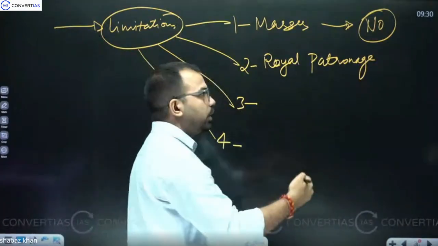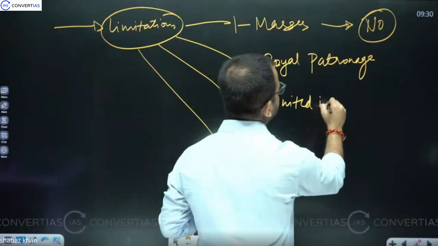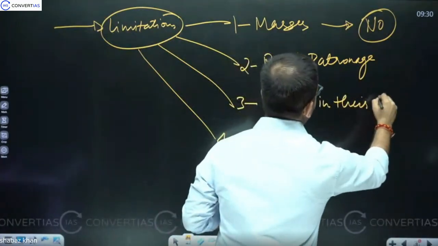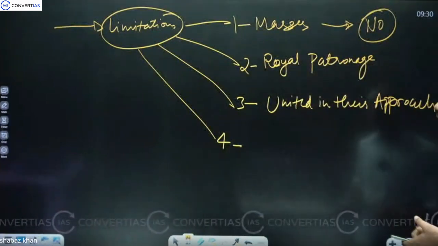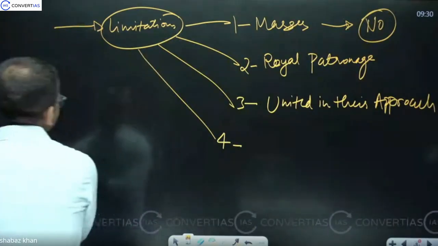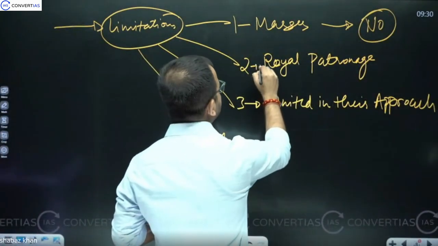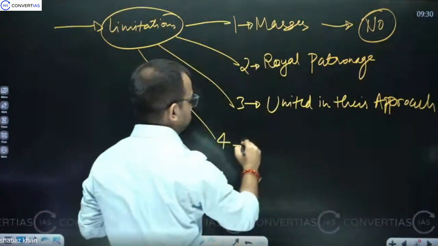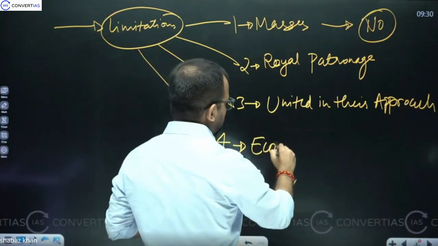Now, do tell me other things. Were they united in their approach? The answer was no. They were not united in their approach. What more can you think about? Superb.